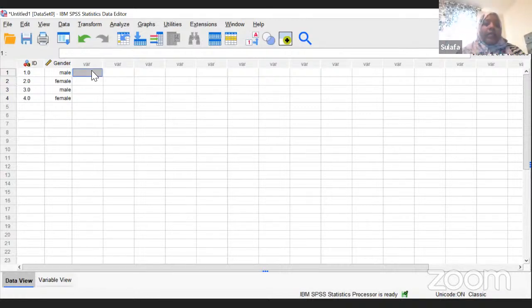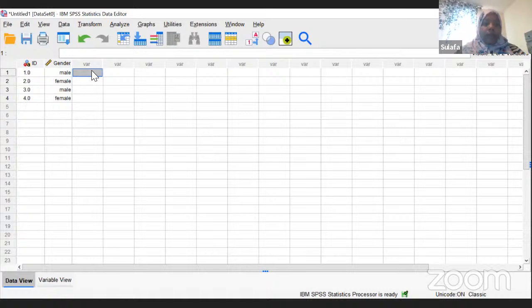Then we can add another variable. For example, say this is data about COVID-19 hospital admissions during last month. So we have the ID of the patient, which can be the medical record or any ID, and then his or her gender, and then we can put BMI.